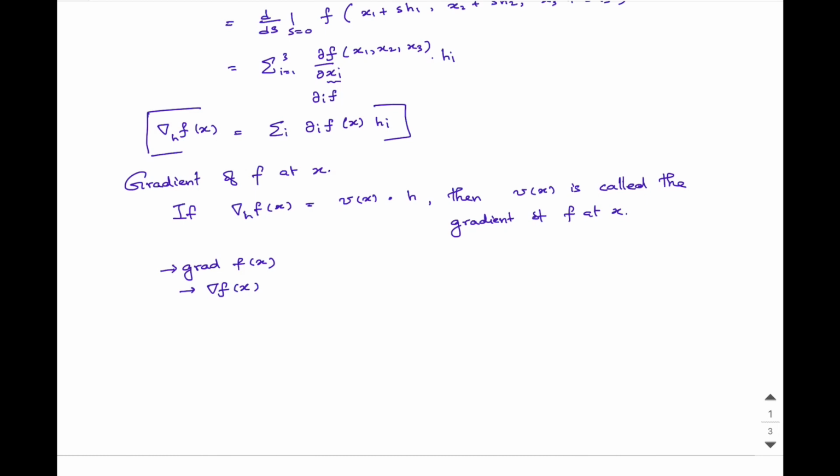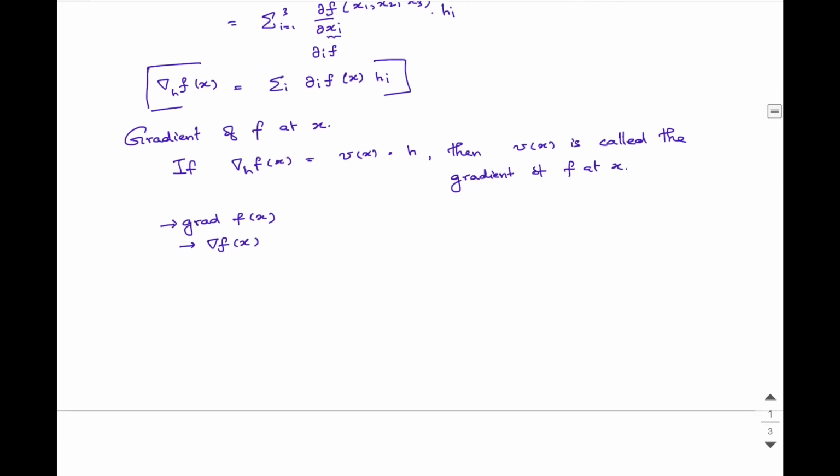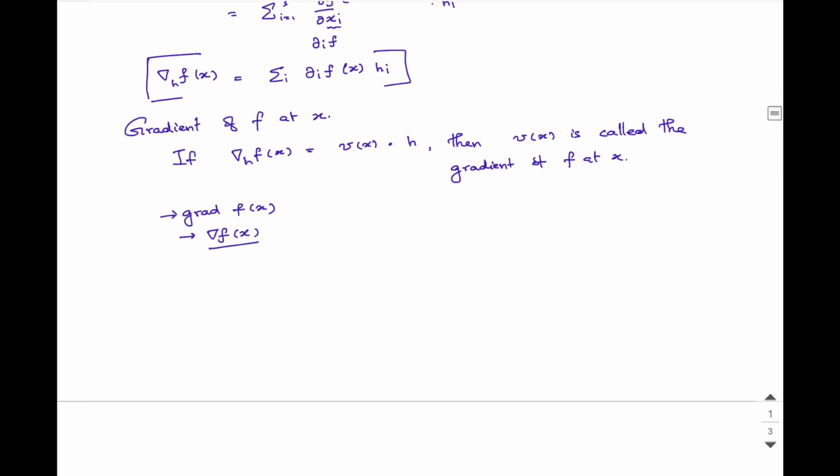Which one you use is a matter of personal choice. Since we are in the business of continuum mechanics, I'll stick to the grad f of x notation, but I'll also mention the other nabla based notation when it's required. What this definition tells us in particular is that the covariant derivative of f at x along the direction h, if the gradient exists, can be written as the gradient of f at x dot h, or equivalently written like this. How you write it is just a matter of perspective.